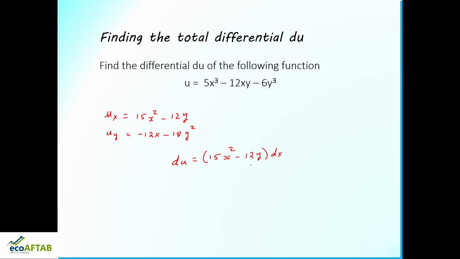If you see the previous step, we are taking the differential, and along with that the minus sign as it is, here the minus is 12x plus 18y square into dy. So this is how we go on for total differential if we are having two independent variables in the function, x and y.